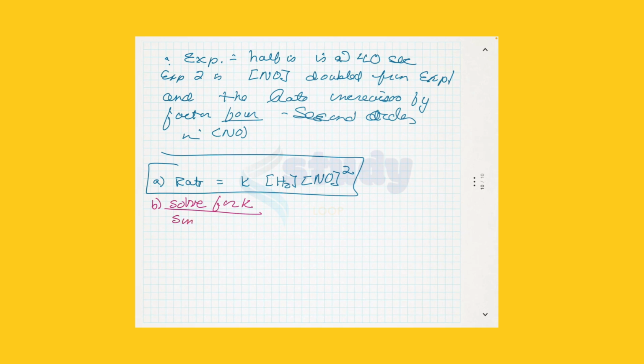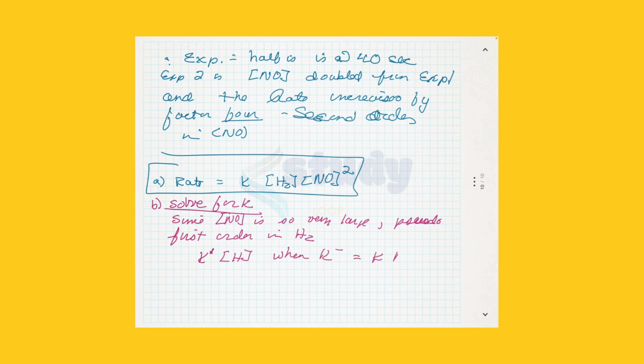Since the NO concentration is so very large, this will be pseudo first order in H2. So that would be k prime [H2], where k prime is equal to k [NO]^2.